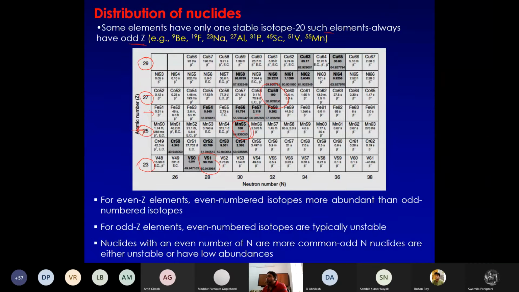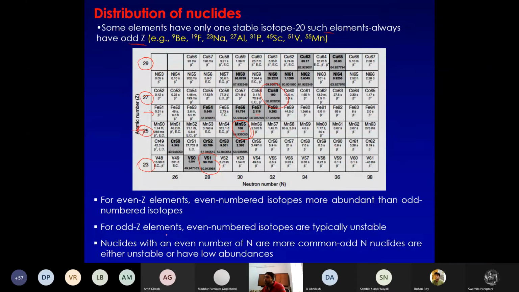So keep in mind that for elements with odd atomic numbers, the isotopes with even mass numbers are unstable. For those elements which have even atomic numbers, the isotopes having even mass numbers are more abundant than the odd ones.